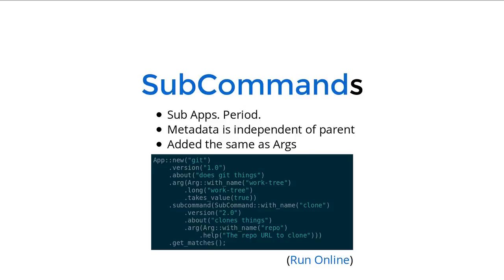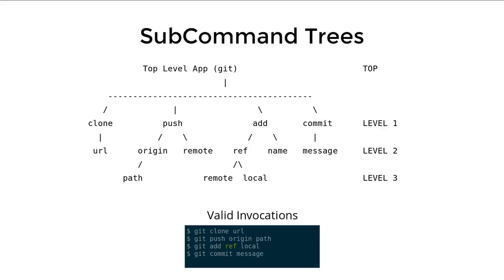Subcommands, or apps in general, are set up in sort of a recursive tree-like structure where you can only access one per level at a time. So if you imagine a fictional Git, this isn't necessarily how Git is actually structured, it's just a good example. If you had your top level application called Git and you added four subcommands to that, clone, push, add, and commit, each of those contained various subcommands.